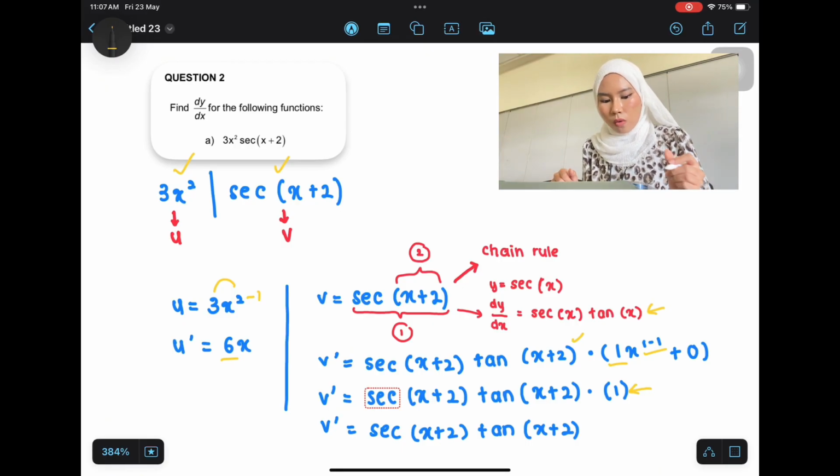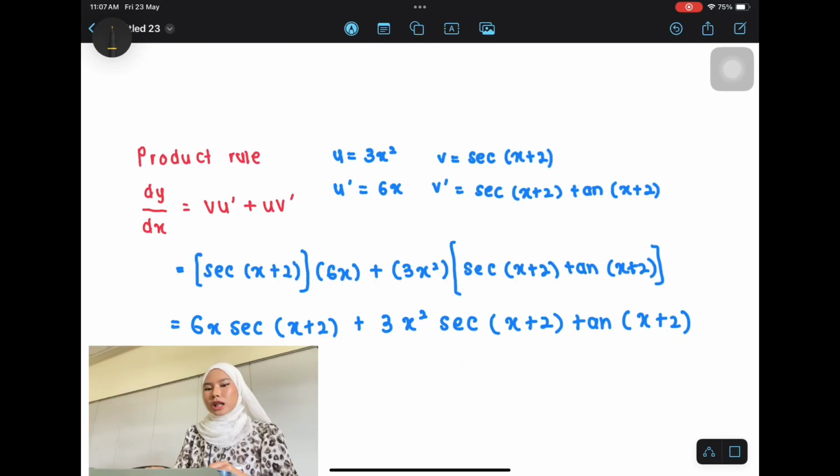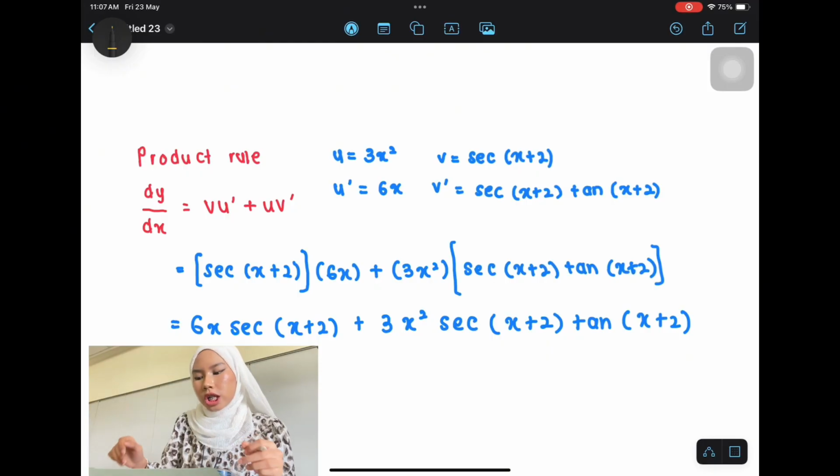And then 1 times secant x plus 2 tan x plus 2 gives secant x plus 2 tan x plus 2. To differentiate the whole equation, we will apply the product rule. The product rule is dy over dx equals v times u prime plus u times v prime.